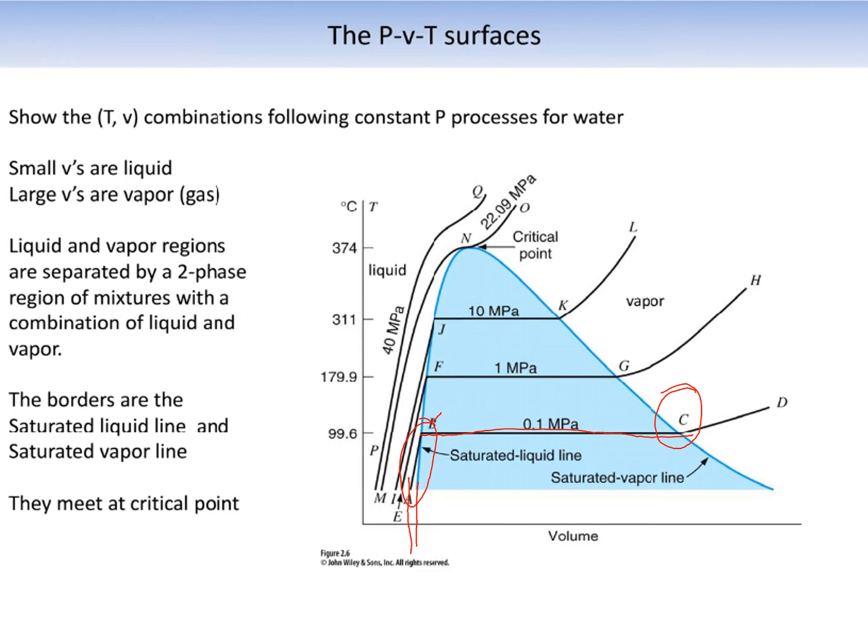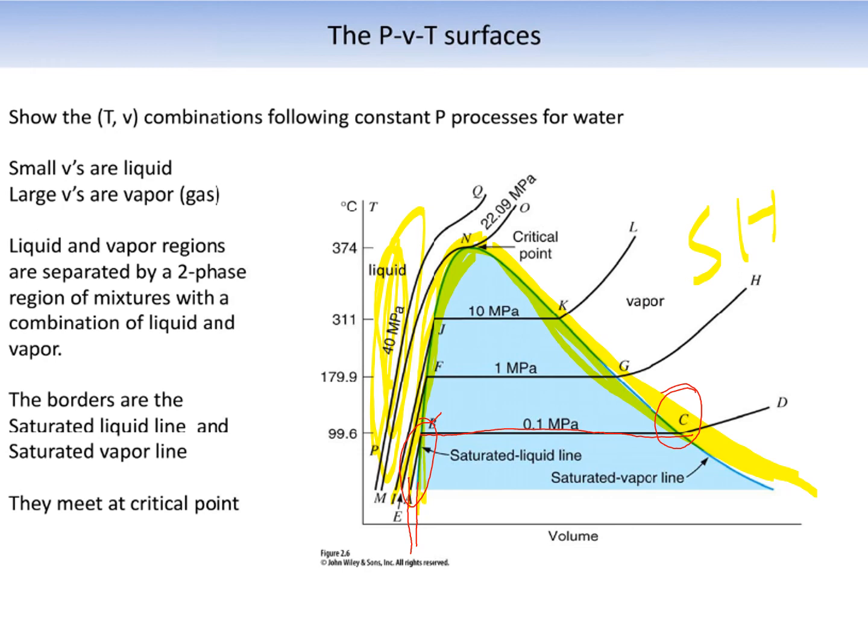Another aspect of this curve is that there are several regions here. The region over here is superheated. Over this line is saturated vapors, and over this line it's saturated liquid.